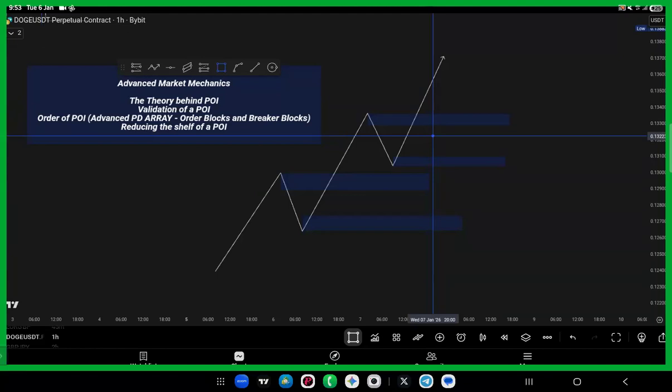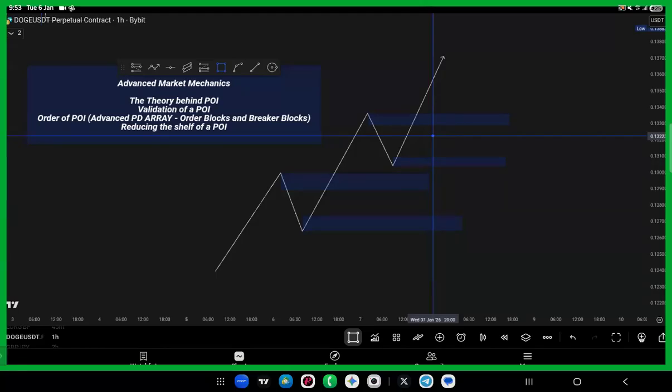The presence of a fair value gap is actually crucial, because fair value gap is what actually brings the market back. Remember, fair value gap is what indicates that, okay, there's an impulsive move in this particular place. That means the market was put off balance at that point in time. So when the market is off balance, it means that you most likely want the market to come and balance it.